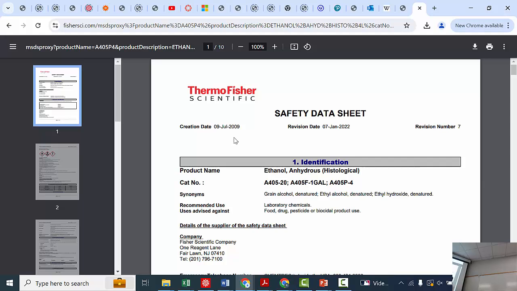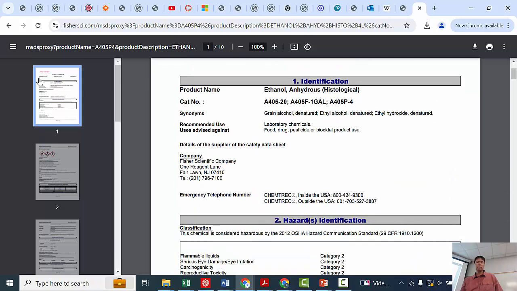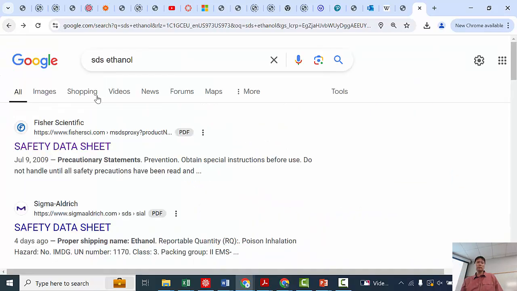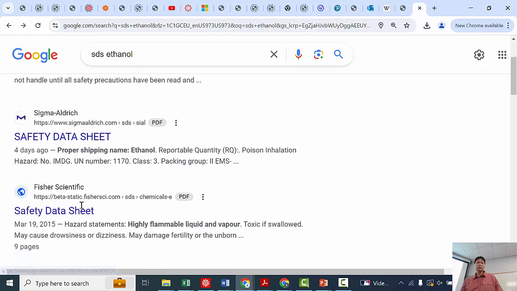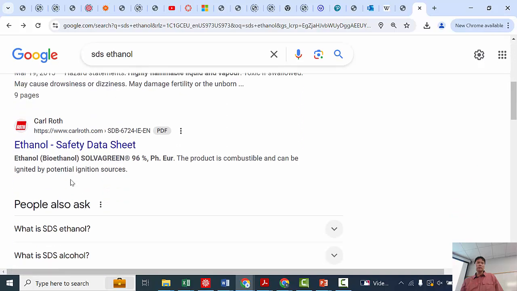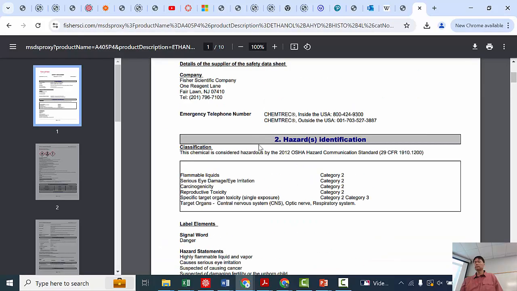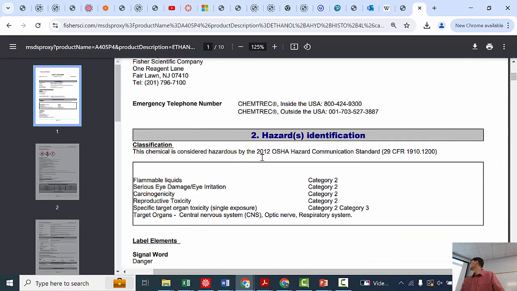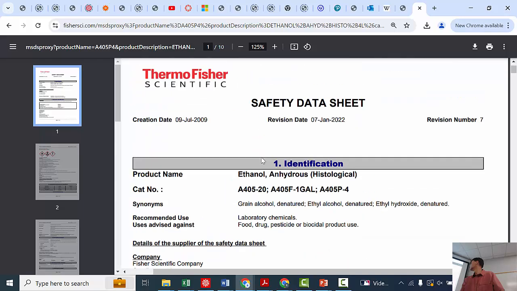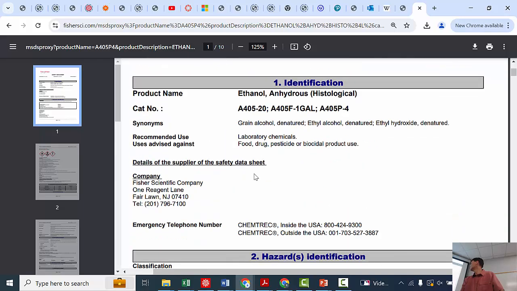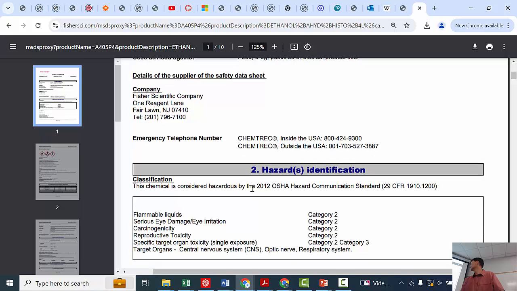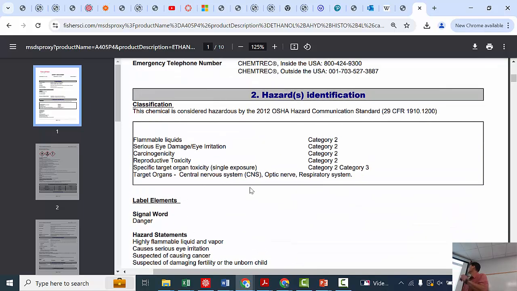Fisher and Aldrich, and this is Sigma Aldrich. Those are two big chemical companies. So when we look at this, these are all formatted differently depending on what chemical company you get.